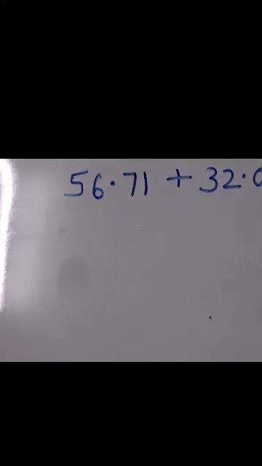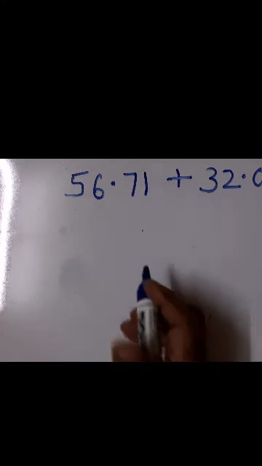Okay. Yes, now children tell me what I have to do. They are decimal numbers. See here, they are decimal numbers. Right? Now I have to write one below the other according to their place value.